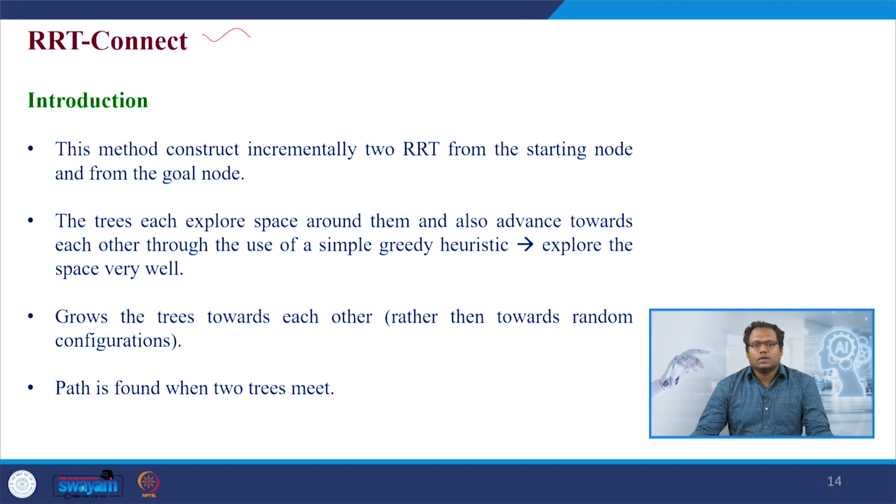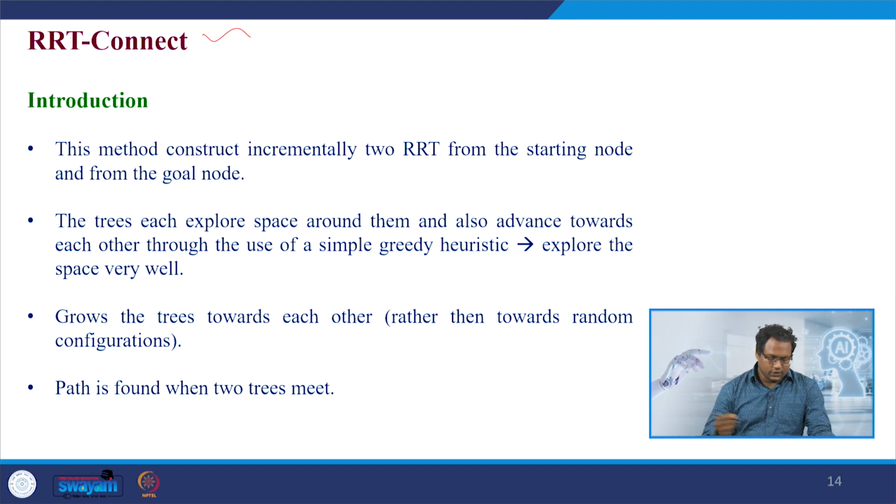The trees each explore the space around them and also advance towards each other through the use of a simple greedy heuristic approach, thereby exploring the space very well. One tree will have the start node as its initial point, another tree will have the goal node as its start node, and each tree is extended to reach the target of the other tree.